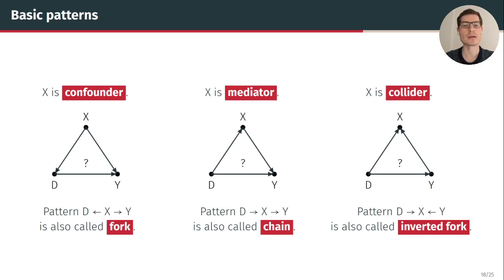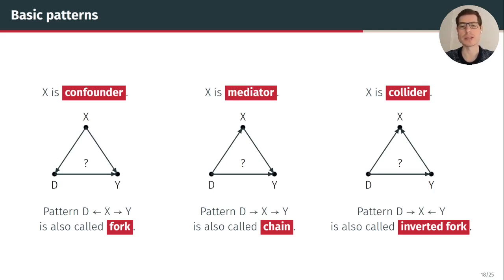Then we have the mediator, and the only thing that's changed here is that we now have 2 outgoing arrows from D, one going directly to Y and the other one going through X, so to speak, right? So we have D to X and then X to Y. And in such a setting, we would call X a mediator, and this pattern of D to X to Y, we would call that chain.